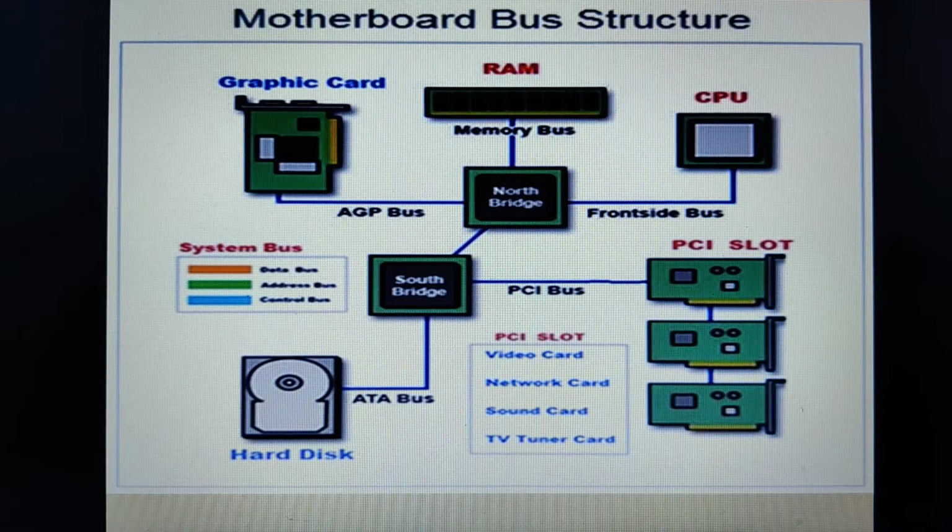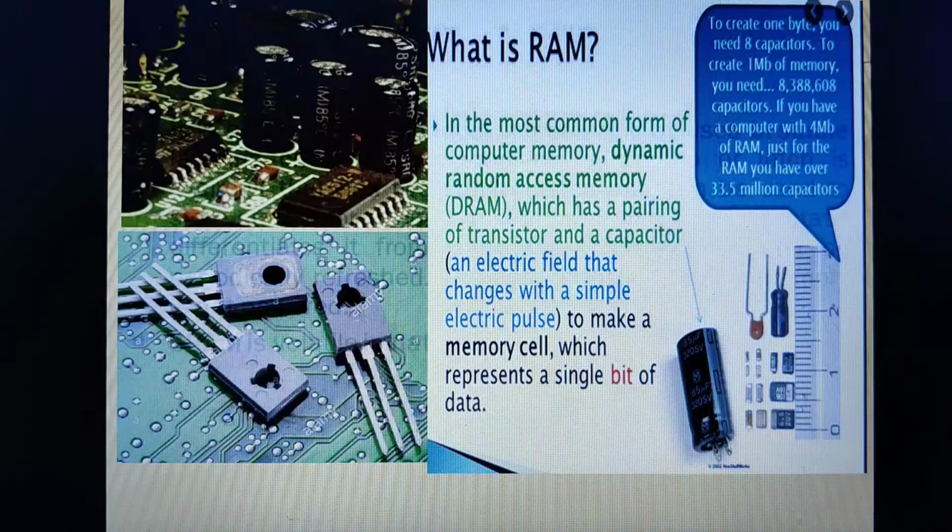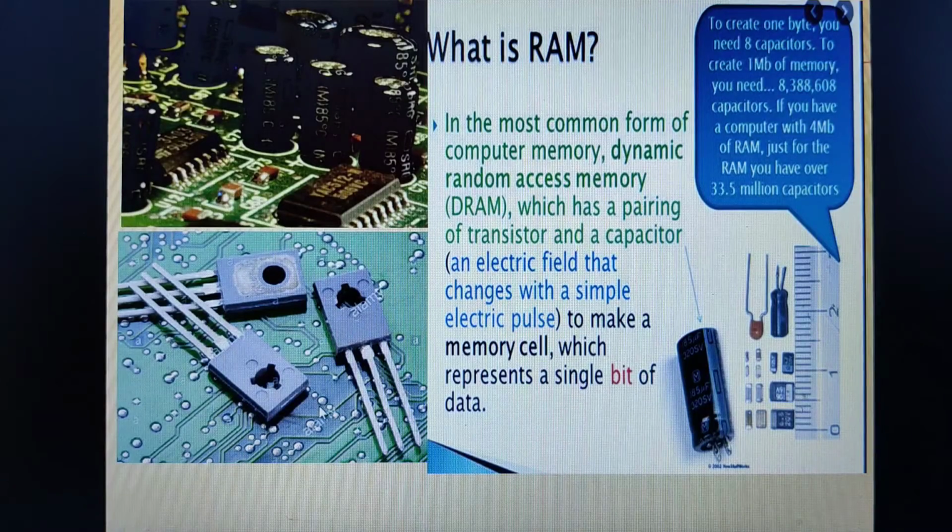Now let us discuss the different types of random access memory. The first type is the static memory, that is static random access memory. It's a kind of semiconductor memory that uses a bistable latching circuitry in order to store each bit. Usually the memory cell is made up of the capacitor as well as the transistor.